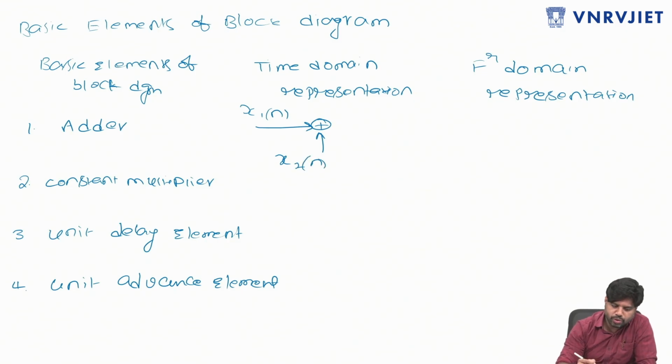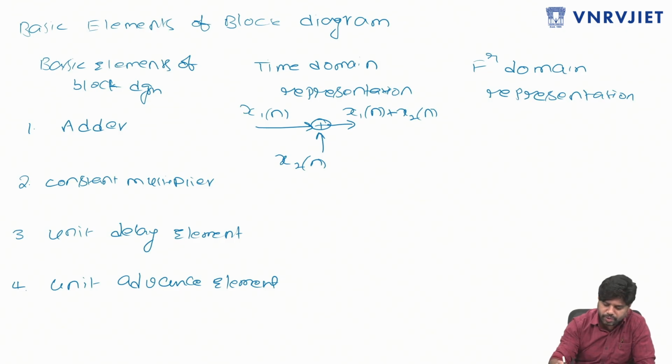These two signals are to be added, and the output in the time domain representation will be x1 of n plus x2 of n. So this is the output in the time domain representation.